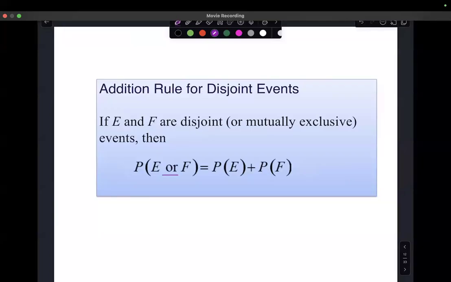If I said, for example, what is the probability of rolling a 3 or rolling an even number? I would take the probability of rolling a 3, then I would add it to the probability of rolling an even number. You add those two probabilities together. If they are disjoint, you add them together and then you call it good. I'll show you what that looks like. I have an example.